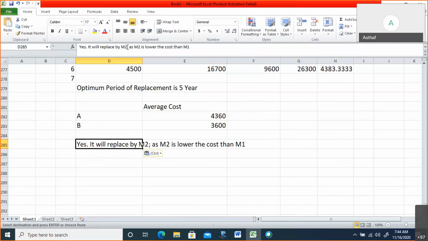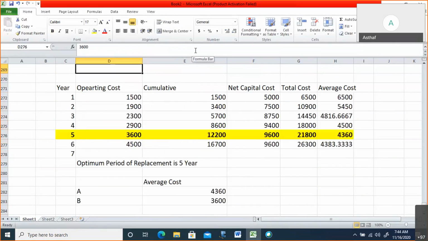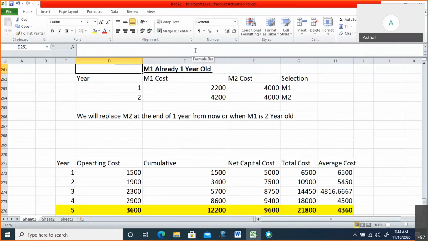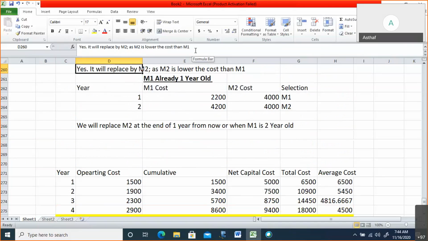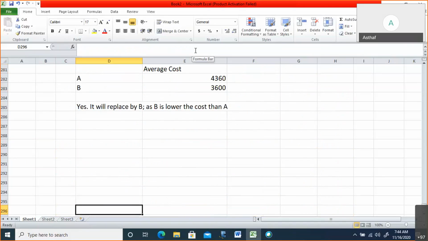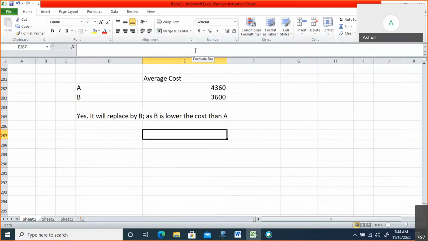It will be replaced by B. This is very clear. In this question, A is 2 years old right now.